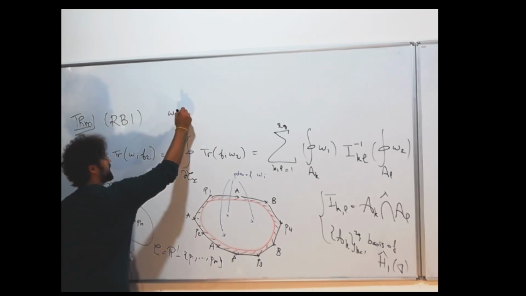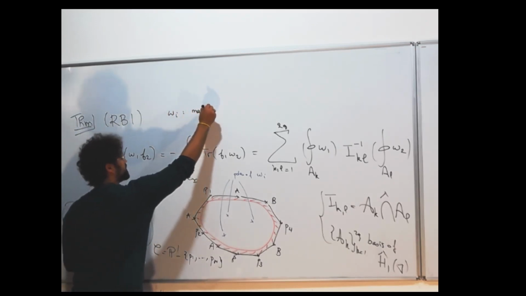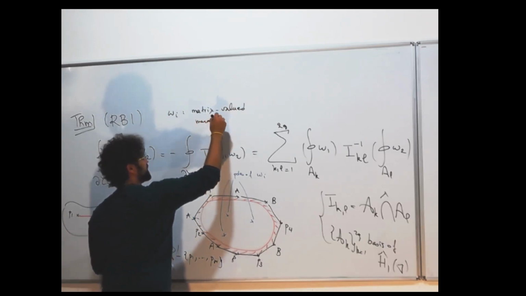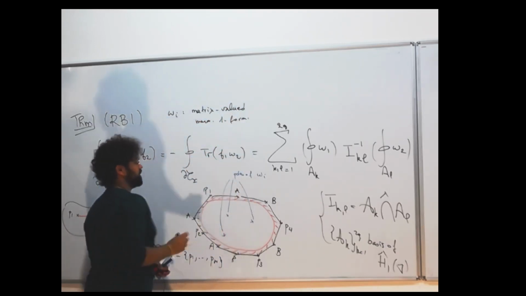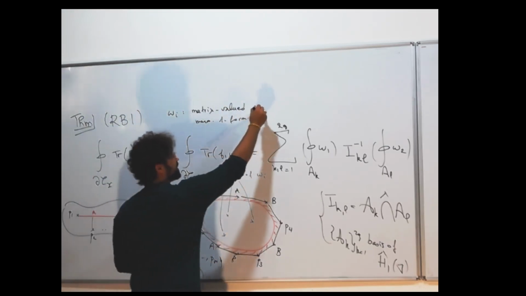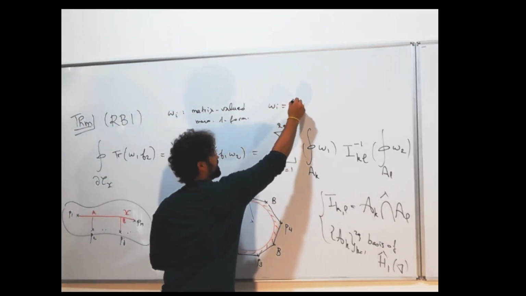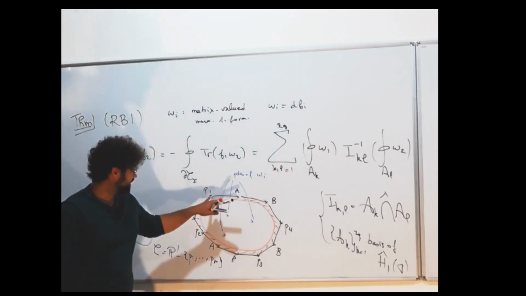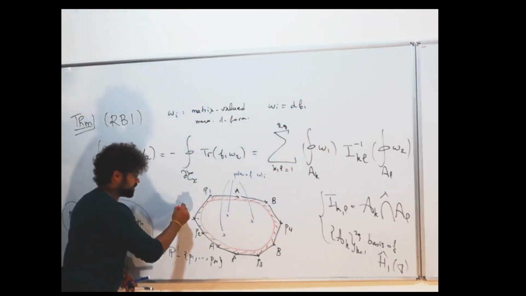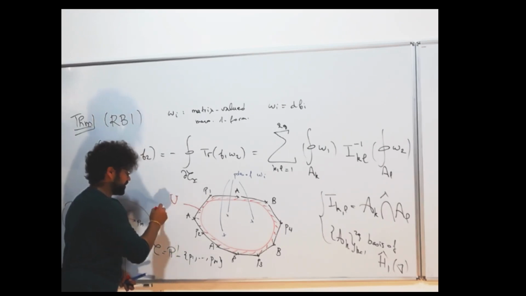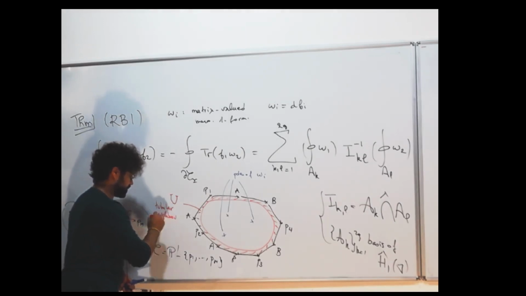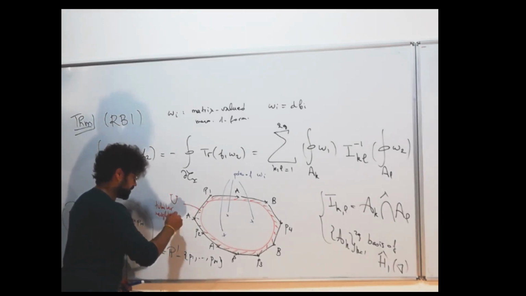Okay, so omega i was a matrix valued meromorphic one form with omega i is dF_i, okay, where the F_i's are only defined on the tubular neighborhood.